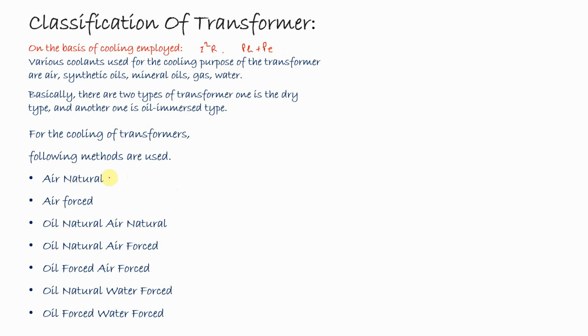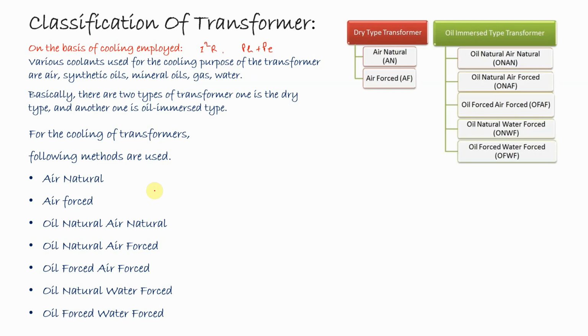Air natural is basically used for very small transformers that we see in our daily life. In air forced, some fans are used to dissipate the heat generated within the transformer. Oil cooling is basically used for some distribution transformers and for high rating transformers.